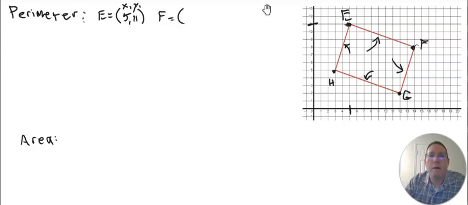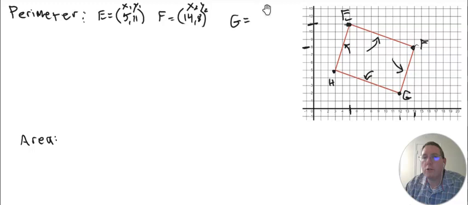F is at the point 14, 8, right here. Good. 14, 8. Okay, and that's going to be x2 and y2. And then G is at the point 12 and 2.